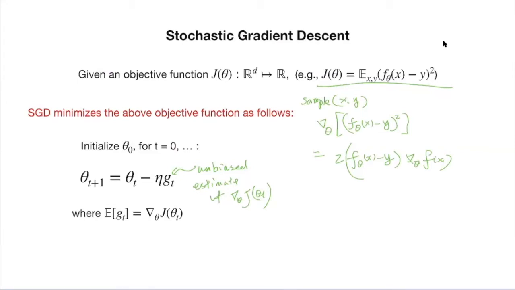And of course, you can do mini-batch. Sample x_i, y_i for i equal to 1 to n in an i.i.d. fashion, and then your gradient is just 1 over n, sum over i equal to 1 to n.